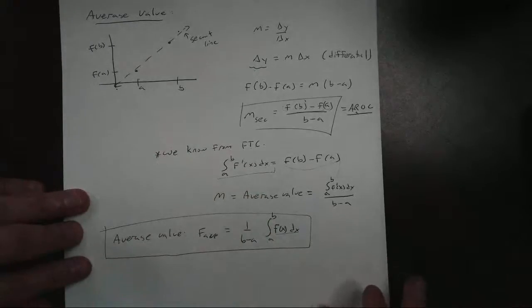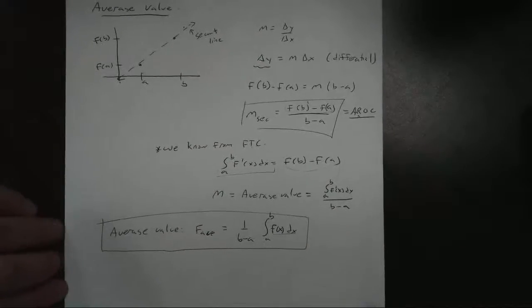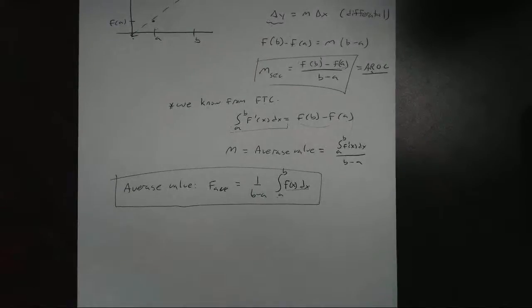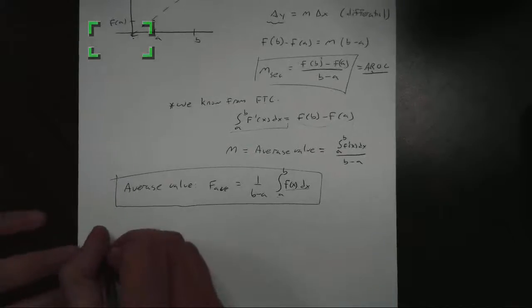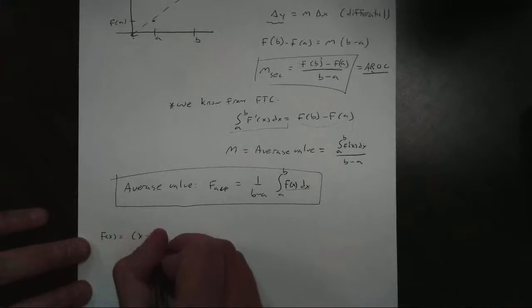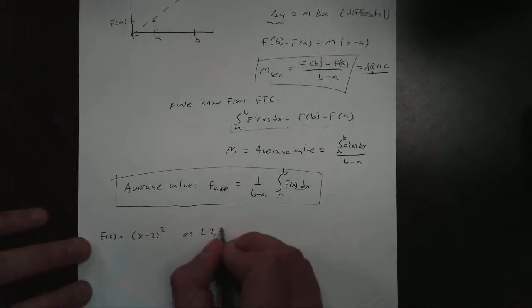And we're going to take a look at a couple of examples real quickly as well. So, to begin with, let's take a look at the function f of x equals x minus 2 squared on the interval 2 to 5.